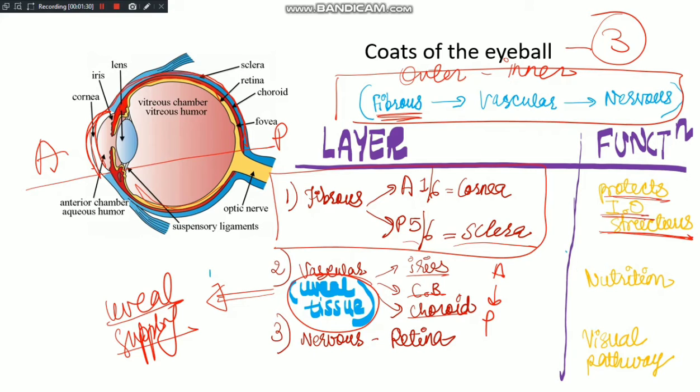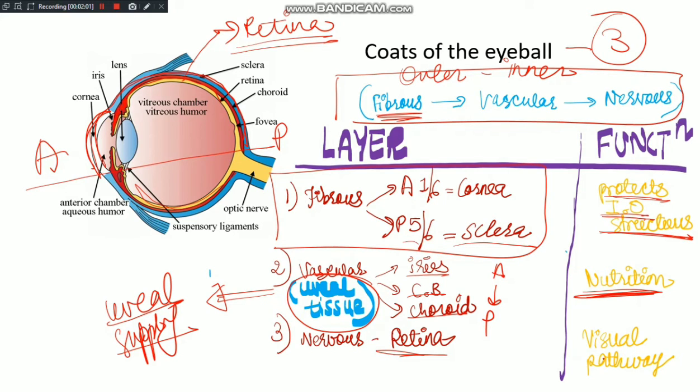Then the innermost layer is the nervous layer, or the neural layer I should say, which is formed by the retina. Why is it the neural layer? Because it is photosensitive, and it has rods and cones, which are the photosensitive cells, light cells we should say. The function of the vascular layer is obviously nutrition.